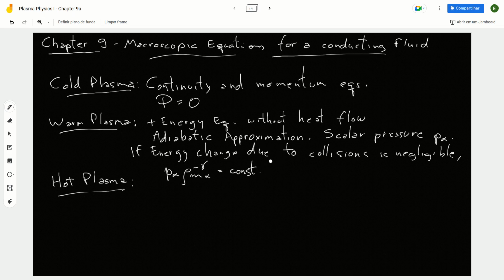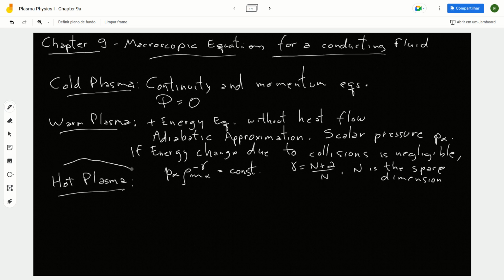So this is your state equation. In this case, gamma is just (n+2)/n, where n is the dimensional space dimension. That means you may be in 2D or 3D, so that's n. This is the adiabatic equation.